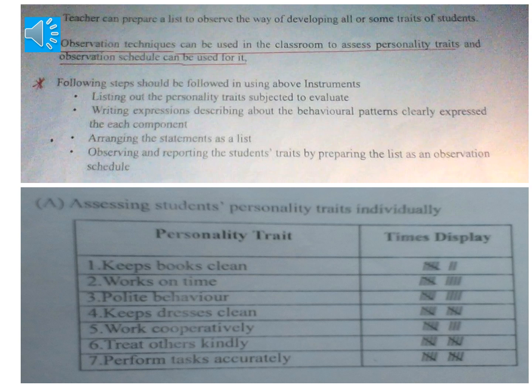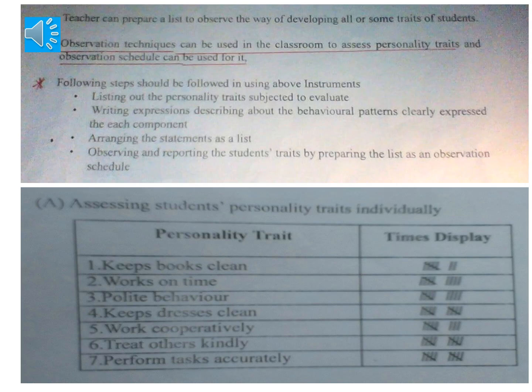So here the steps are given. The following steps should be followed in using the above instrument. Listing out the personality traits to be evaluated. Now look at the example given there. Assessing students' personality traits individually. Now this is an individual one, but in groups also you can assess. Keeps books clean, works on time, polite behavior, likewise.